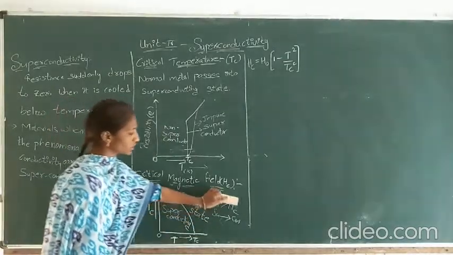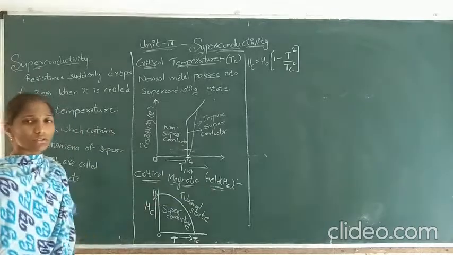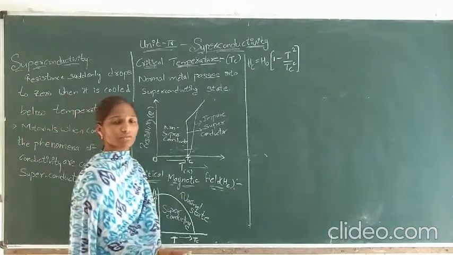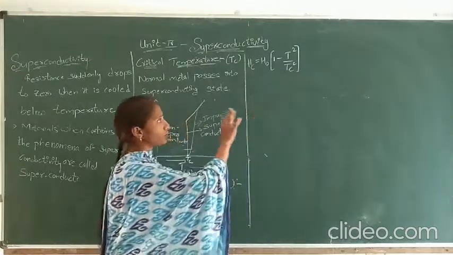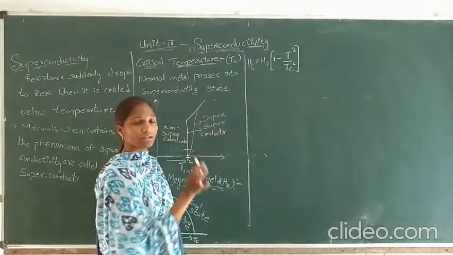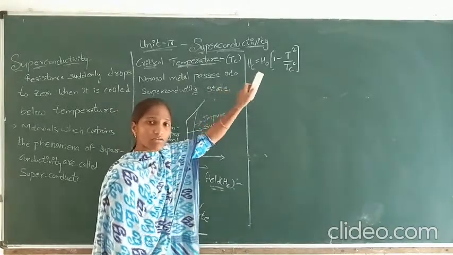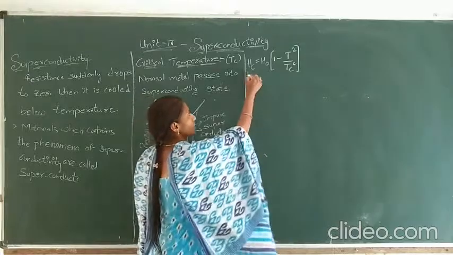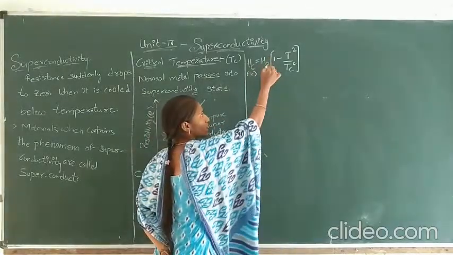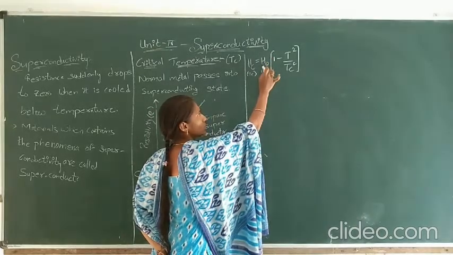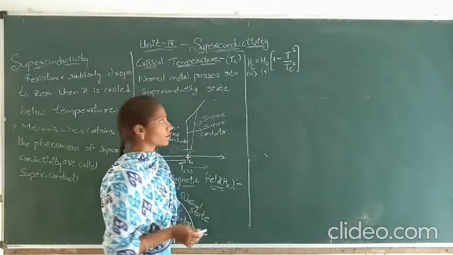This is the entire theory of the critical magnetic field. The mathematical expression is Hc = H0(1 - T²/Tc²), where Hc is the critical magnetic field at temperature T, and H0 is the critical field at 0 Kelvin.